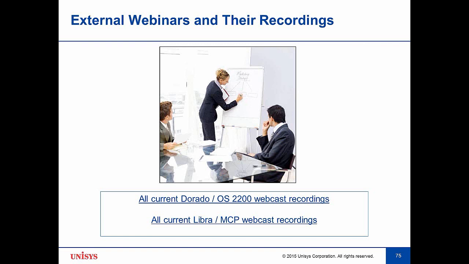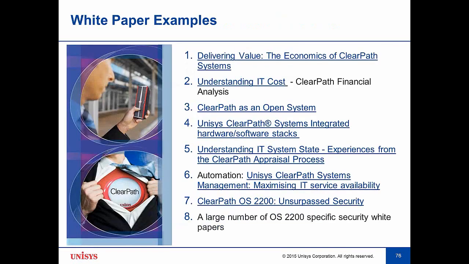So white paper examples, a lot has happened here. Delivering Value, the economics of the ClearPath system, is oriented for financial people. It has been updated. Understanding IT Cost is all new, and it is much related to these new services we have, the TCO services and comparison services, a kind of financial analysis.